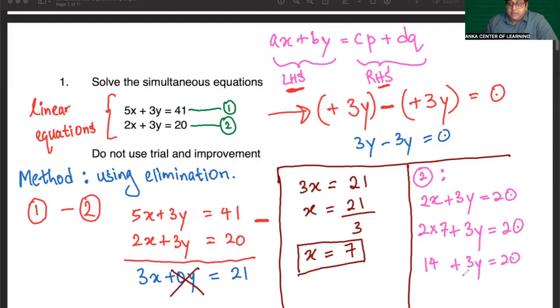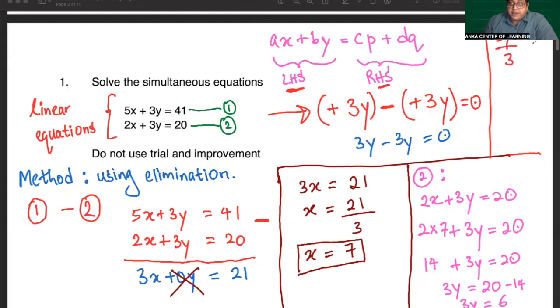Then we have to remove this 14, so we take it to the right-hand side. Then we have 3y equals 20 minus 14. That's 3y equals 6. To get rid of the 3, we can divide both sides by 3. So 3 and 3 cancel.